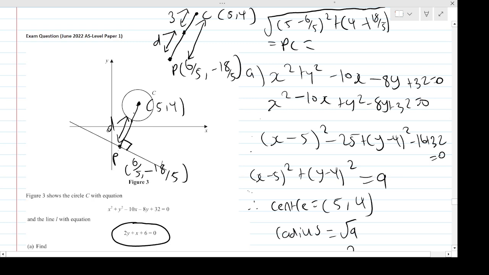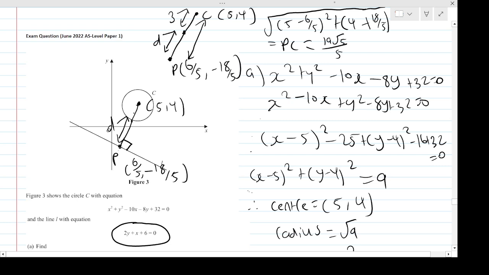If I put that root in the calculator, 4 take away 6 over 5 all squared, gets me 19 root 5 over 5.